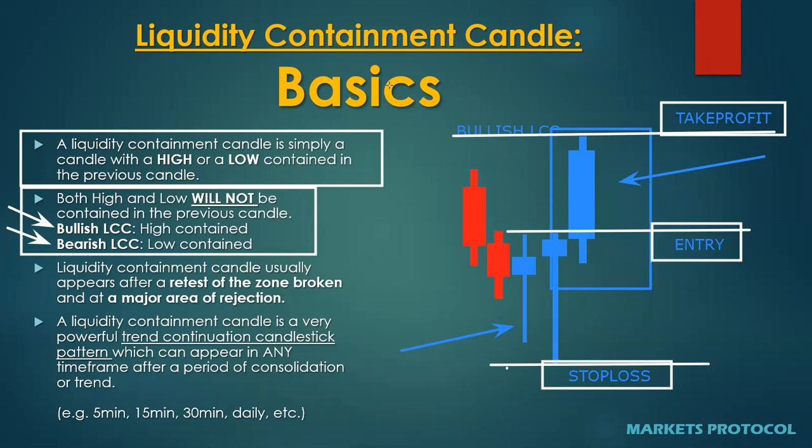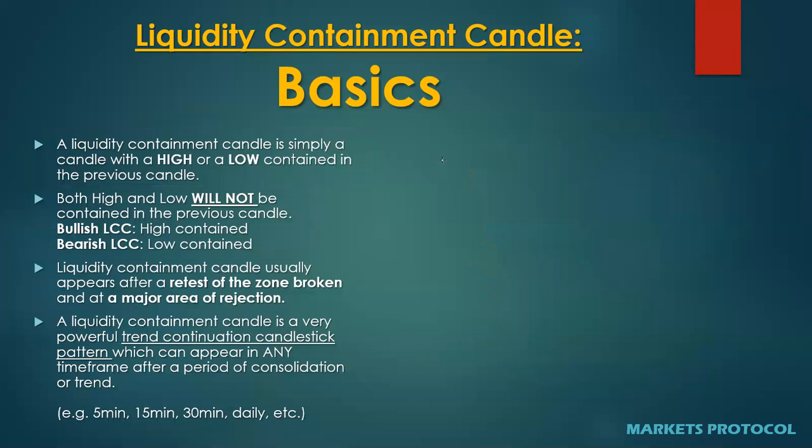Now, in bearish, if you're looking for a bearish type of containment candle, then what you need to see is possibly price going up, possibly rejecting, and coming down.